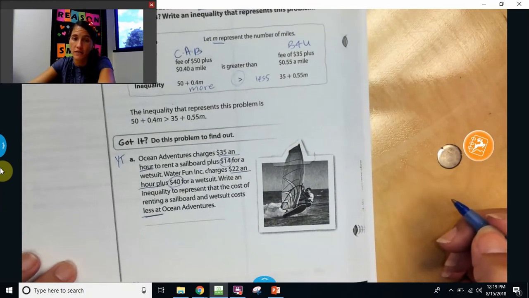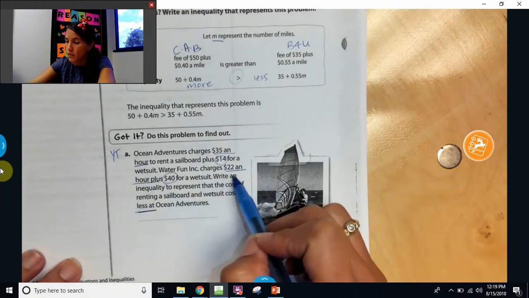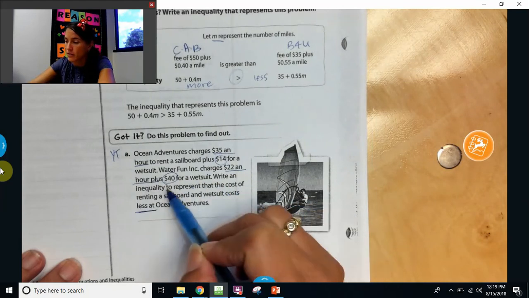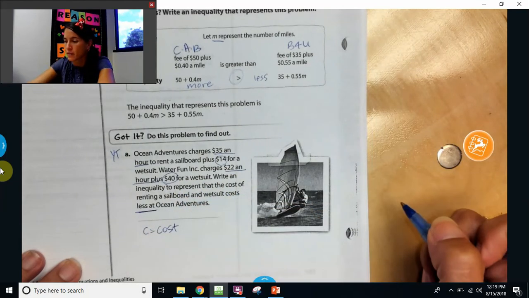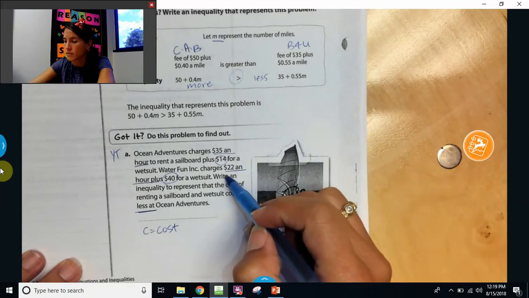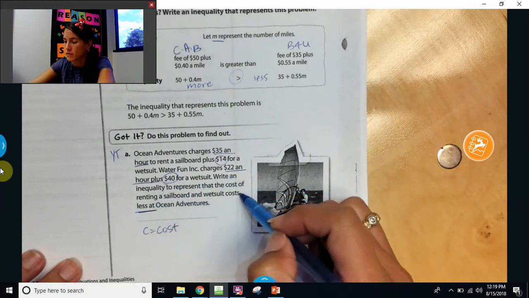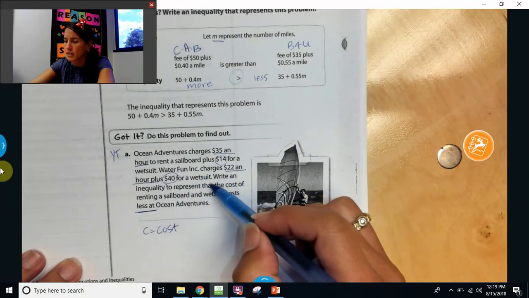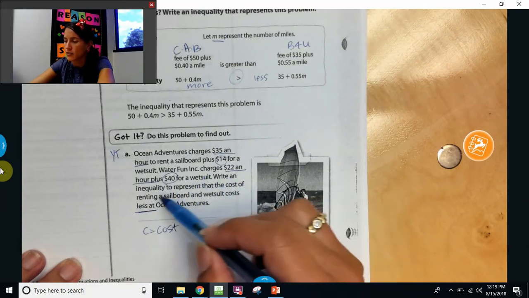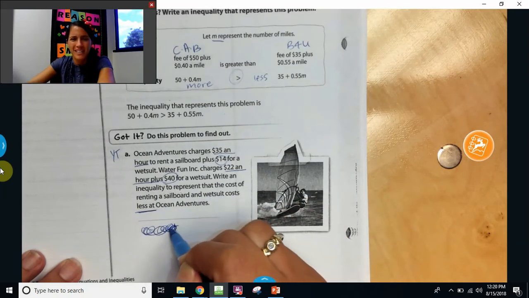So we need to define our variable. And for this one, you could say, write an inequality to represent the cost of renting a sailboat. So C would be our cost. Okay, that doesn't sound right.